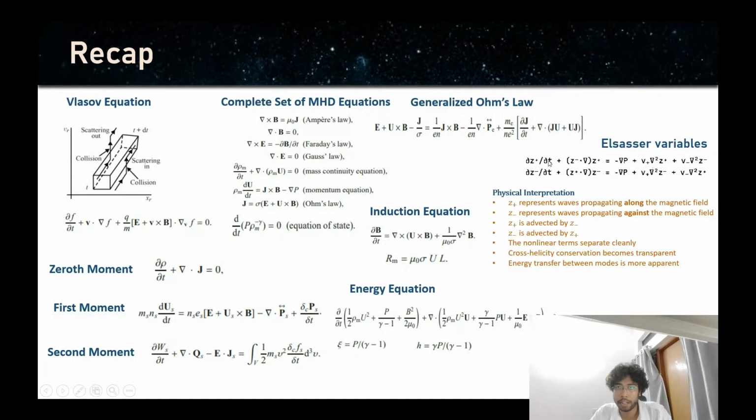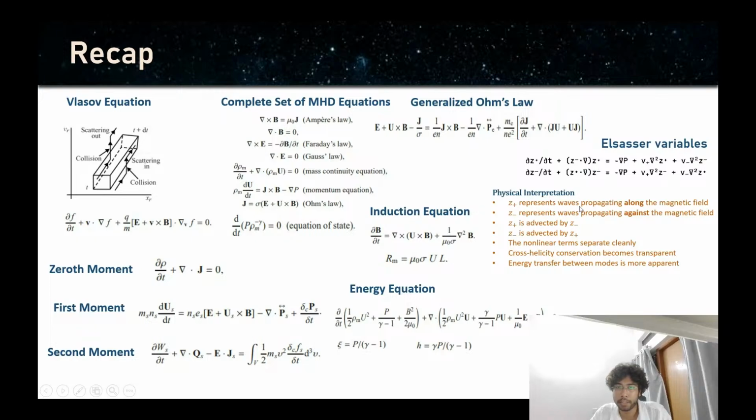We see that the equation gets reduced down to this form in terms of Z plus and Z minus. So this is a similar equation: the change in z plus with respect to time is affected by z minus, and then we have the del p term and the diffusion term as well.